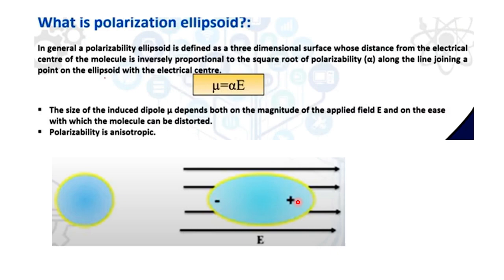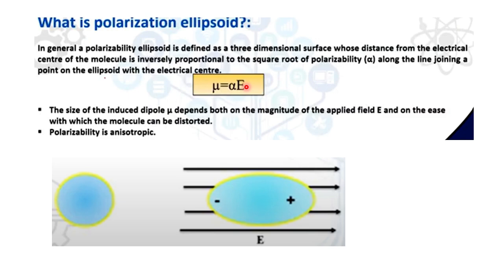So in general, a polarizability ellipsoid is defined as a three-dimensional surface whose distance from the electrical center of the molecule is inversely proportional to the square root of the polarizability along the line joining the point of the ellipsoid with the electrical center, and mathematically you can express that mu equal to alpha into E.